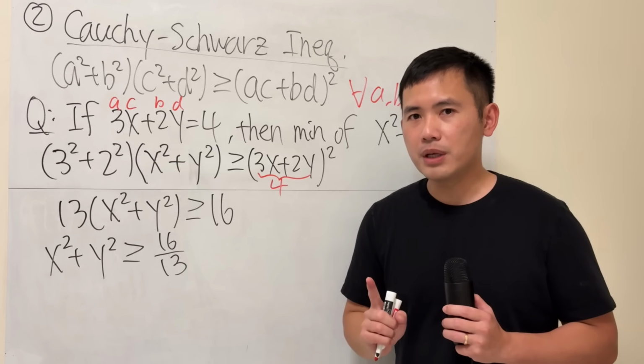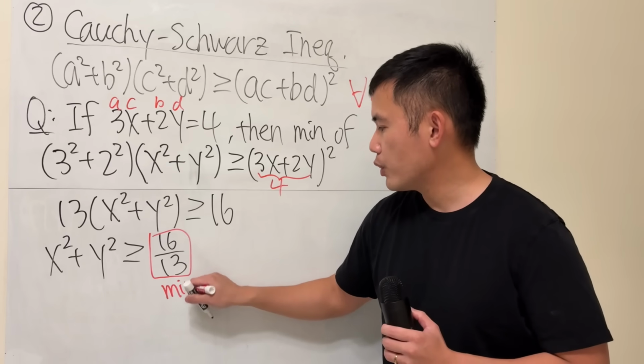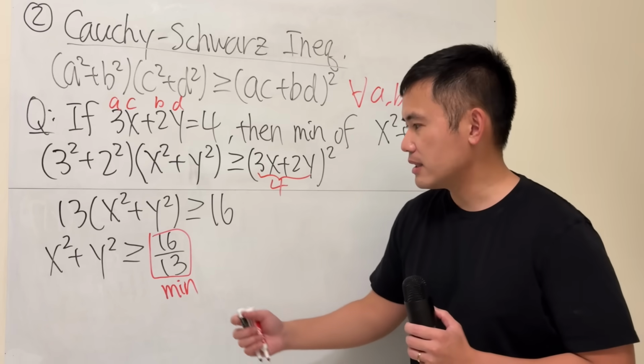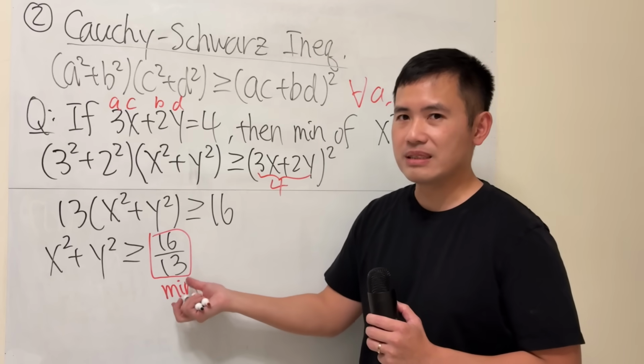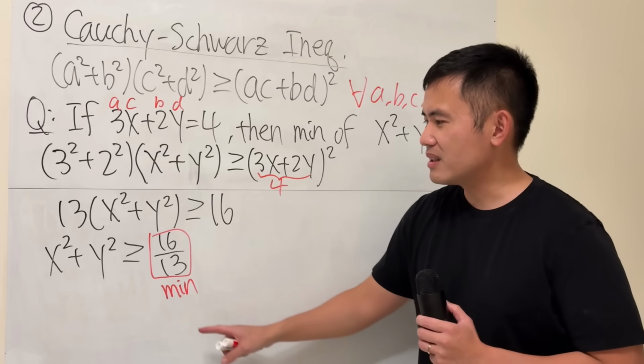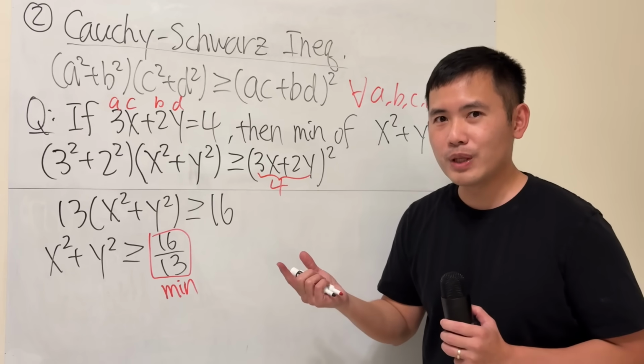Now we have to be super careful. Can we just say this right here is the minimum right away? And by the way, I said this is the minimum because this is always greater than or equal to that. So this is the smallest. But can you just say that? Remember the example that we did earlier?